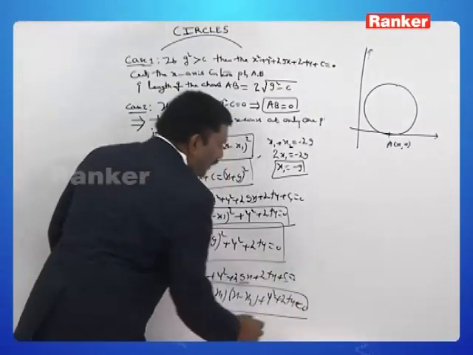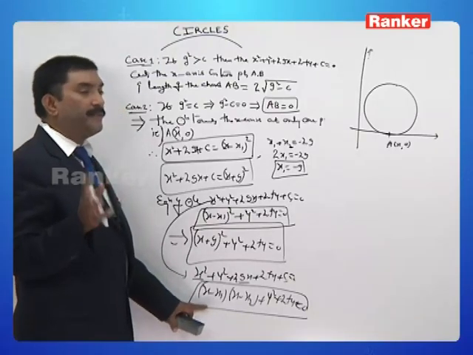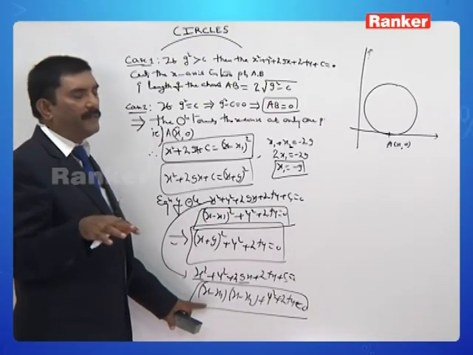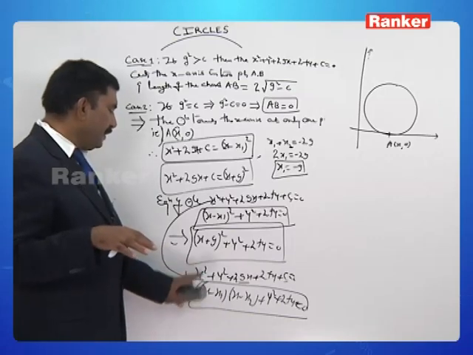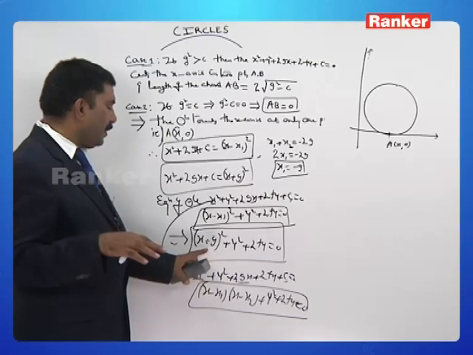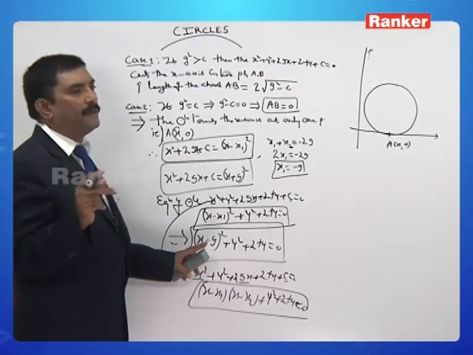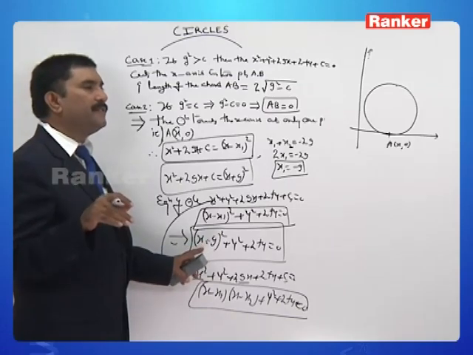This is a circle cutting the x-axis in how many points? Two points. In the first case, g square minus c is greater than 0. This comes under the first case, and this and this come under the second case. What is this? This gives an equation of a circle touching the x-axis at x1 comma 0 or else minus g comma 0.